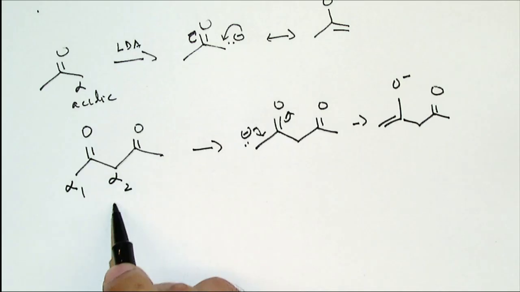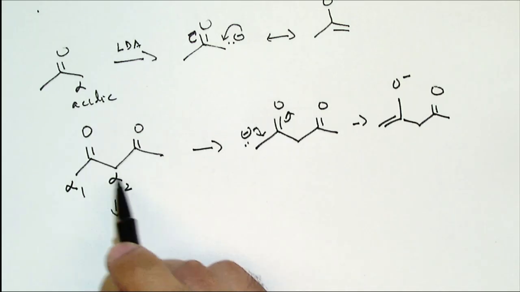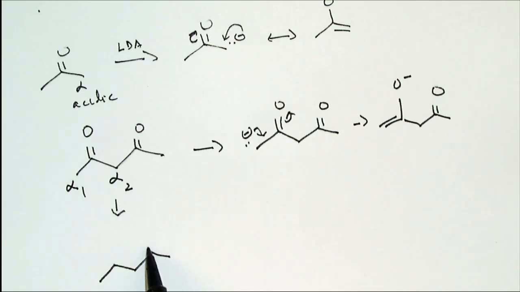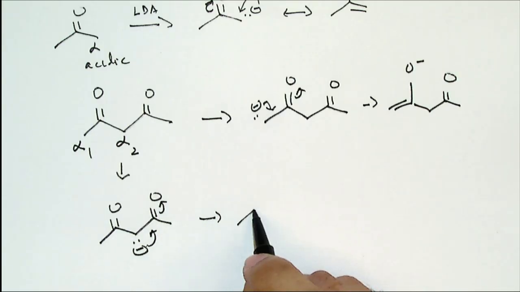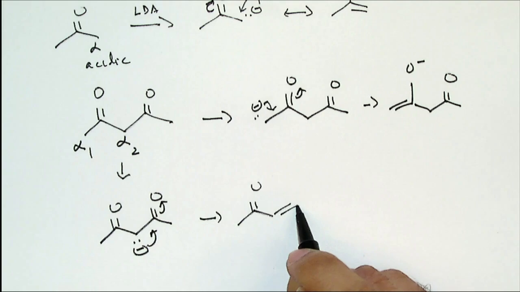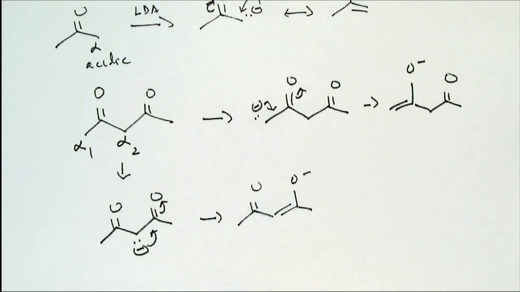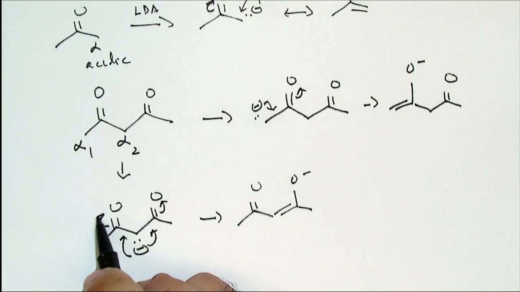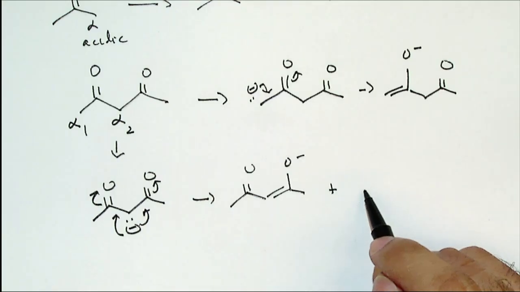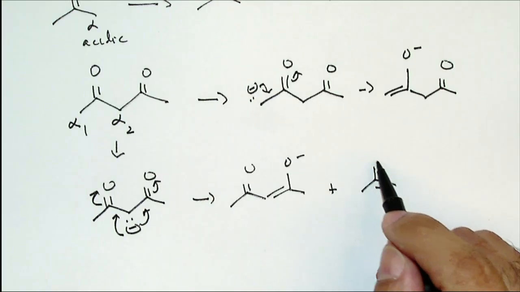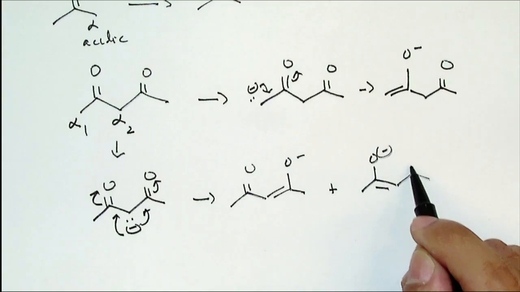If I deprotonate, however, at the alpha 2 position, the one in between the two of them, notice that in that case I can actually form two different resonance structures. I can form a resonance structure with the carbonyl on the right, which means I will end up having that enolate. And of course, I can form a resonance with the carbonyl on the left, which means that in that case, this is the enolate that I will end up forming.